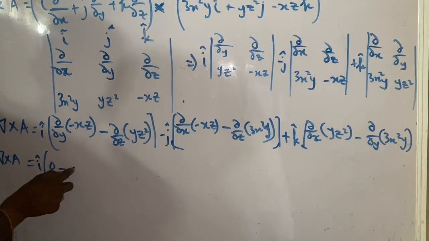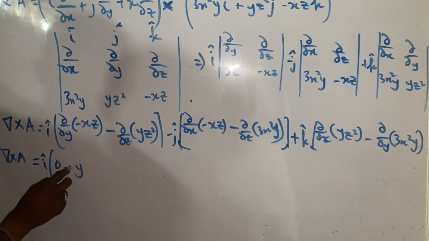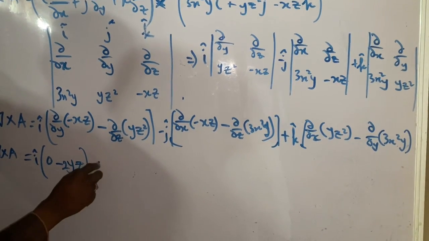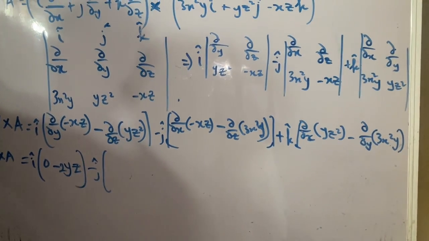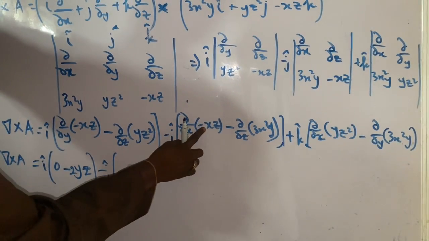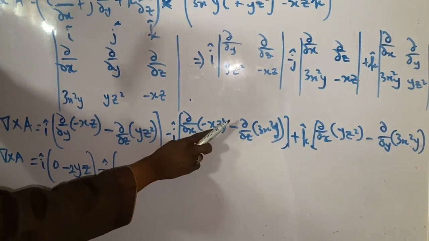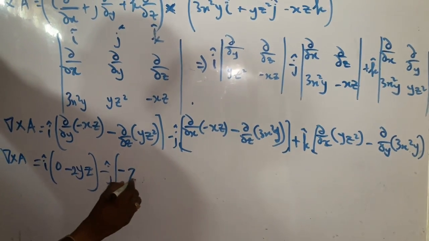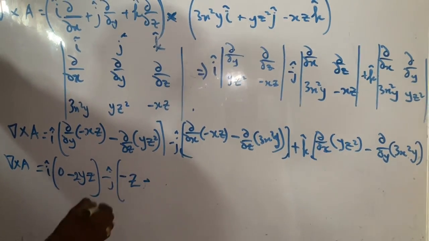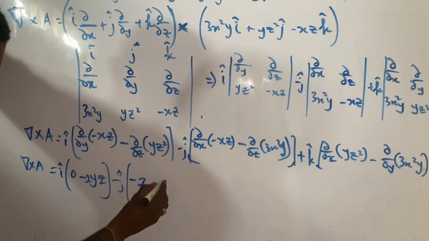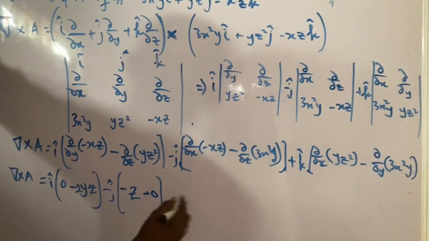We'll treat y as a constant. So z squared differentiated, that is 2z. We keep going, minus j. Differentiate minus xz with respect to x. The x will disappear, right? That is minus z. Minus differentiate 3x squared y with respect to z. That is 0. No z here, so they are constants.